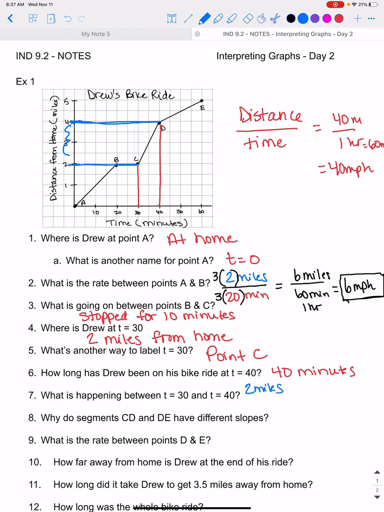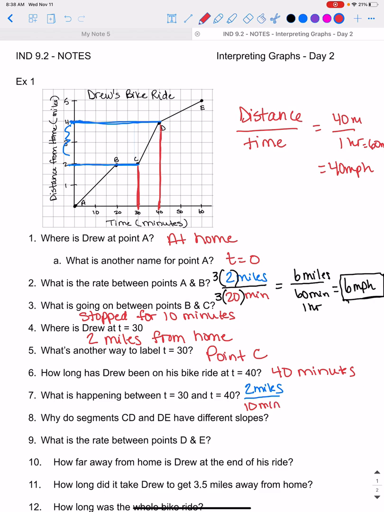That's the top because distance is on top. When you're calculating a speed, it's 40 miles per hour, 40 miles on top, 1 hour on bottom. All right, so we got our distance of 2 miles on top, and then the time that it took is right here, right? We already drew that in there, that 30 to 40. So we know that that took 10 minutes.